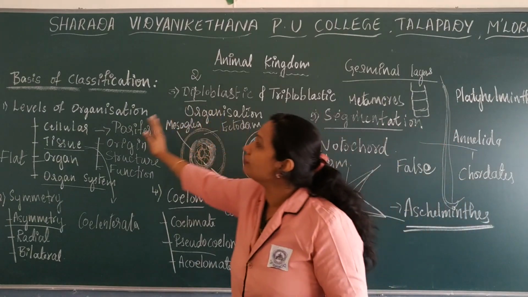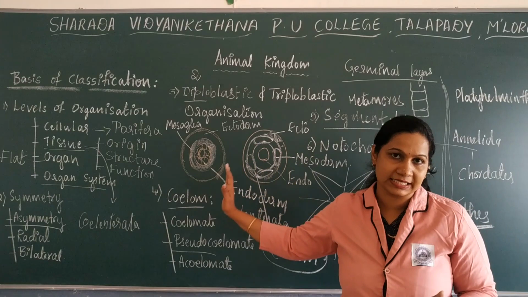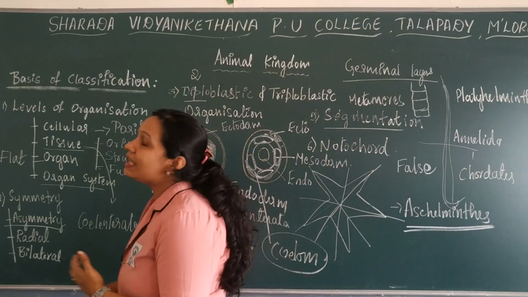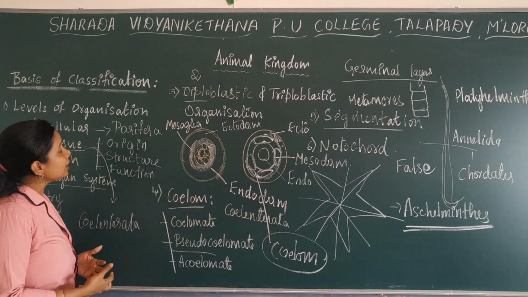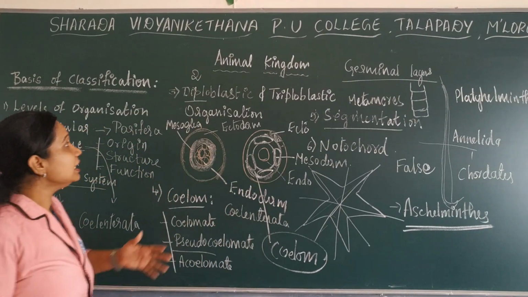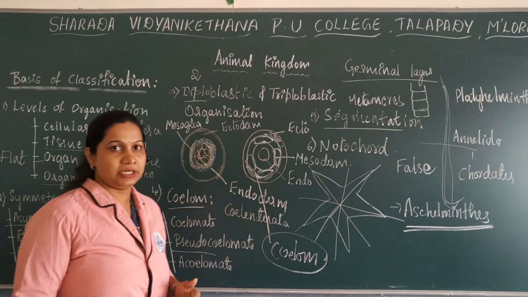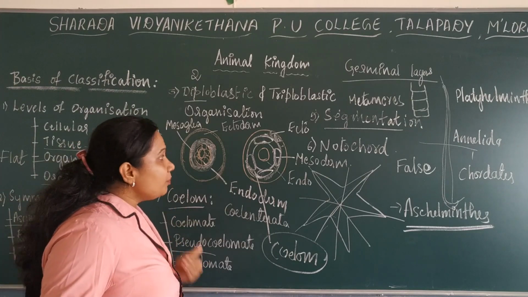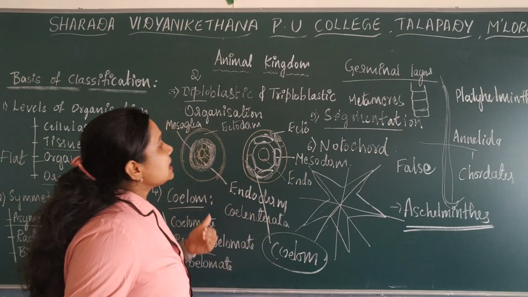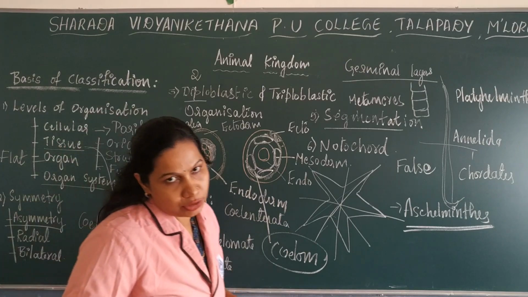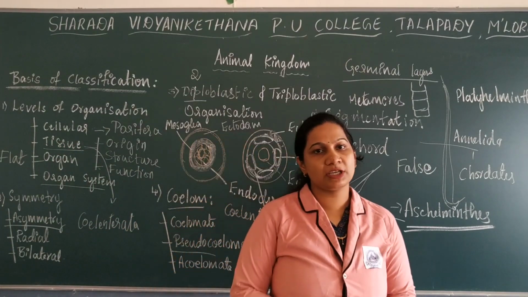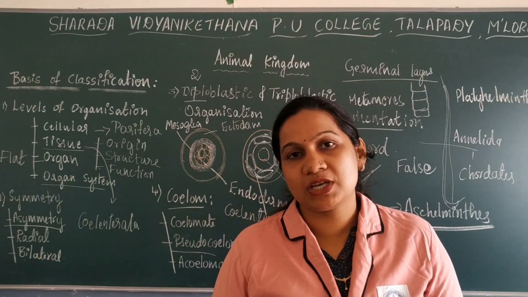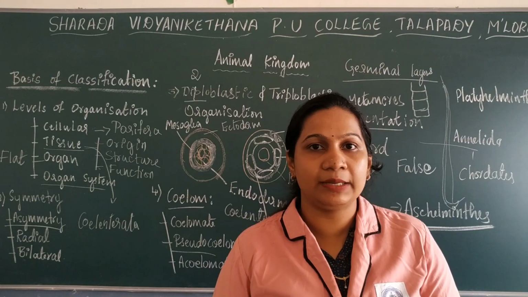So these are the various bases of classification: levels of organization, symmetry, germinal layers or germ layers, presence and absence of coelom, segmentation and notochord. Next we will see the different phyla which are included under this animal kingdom.